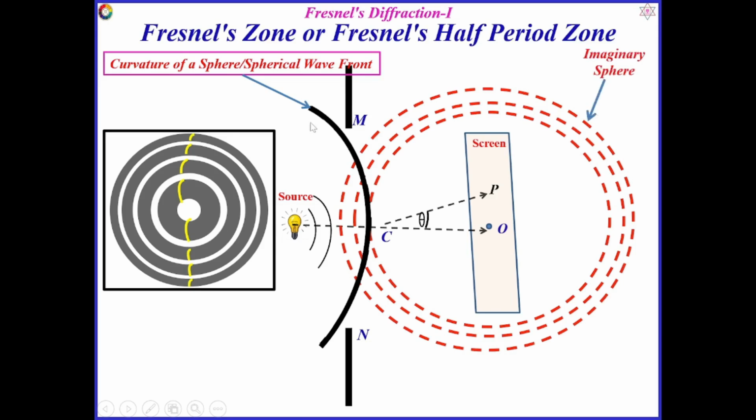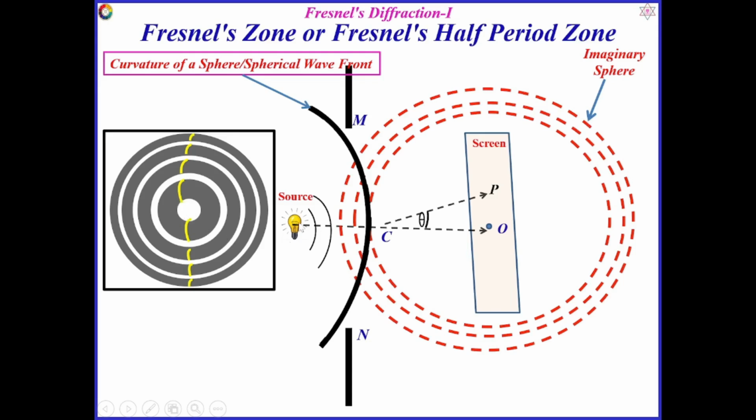So these are the imaginary spheres we have considered. The first circle we considered intersects or cuts the wavefront here. So the portion it cuts is called the first half period zone.